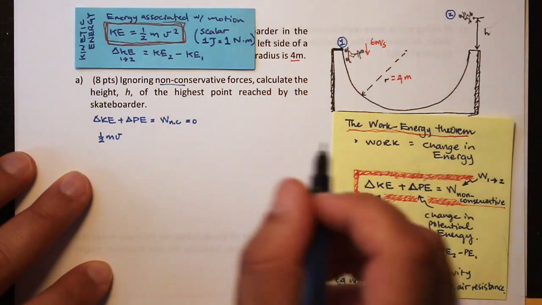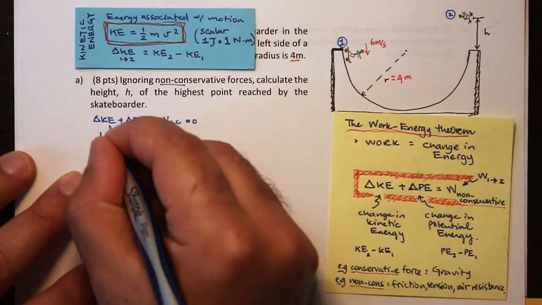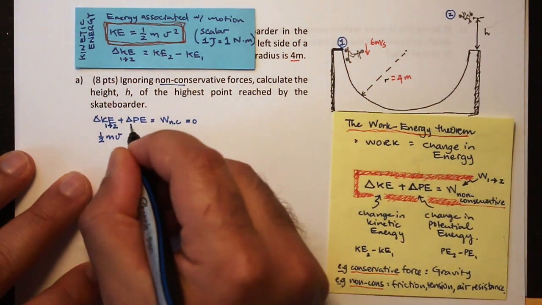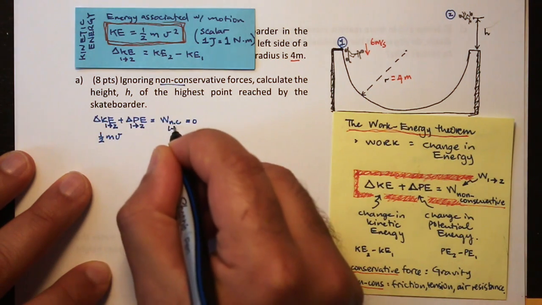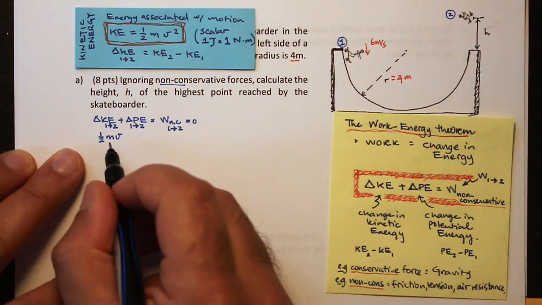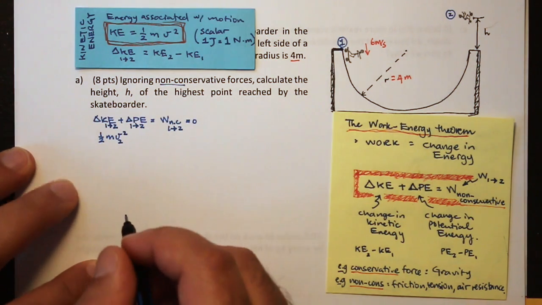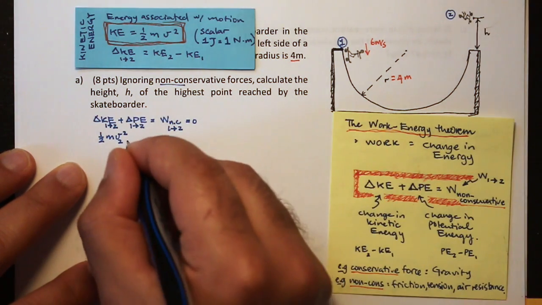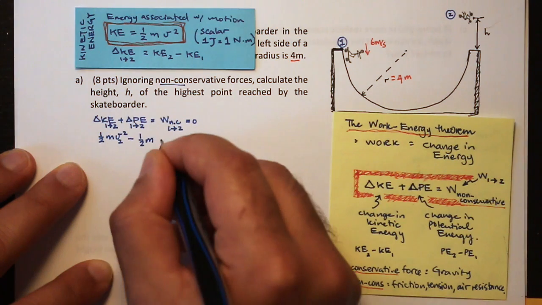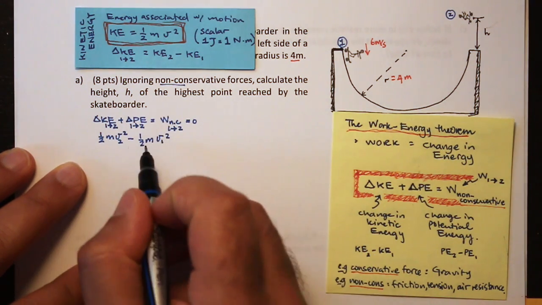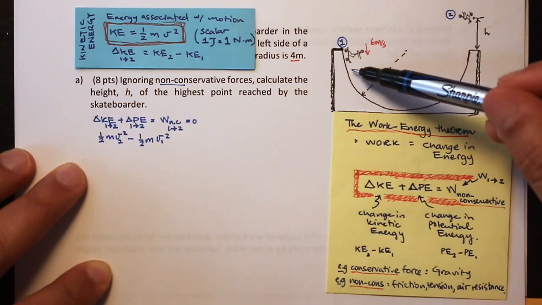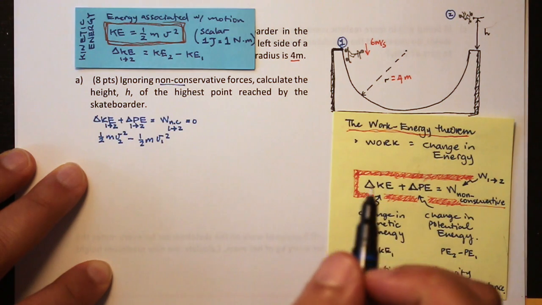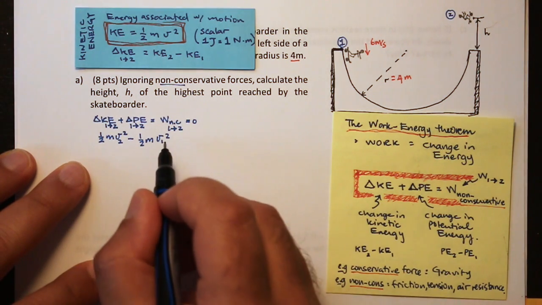So if I'm talking about changing kinetic energy between 1 and 2, the position that I know something about and the position that I want to calculate something about, then I can write it as the kinetic energy at position 2 minus the kinetic energy at position 1, where m here is the mass of the skateboarder and her skateboard. So the whole system that is moving.